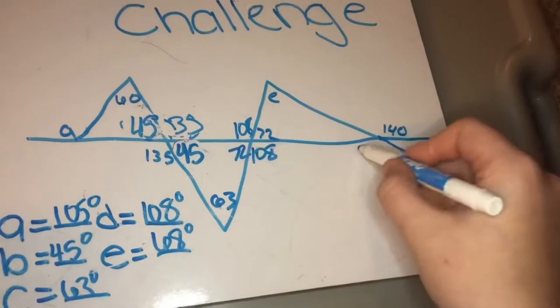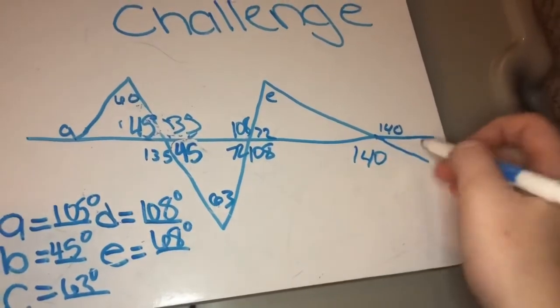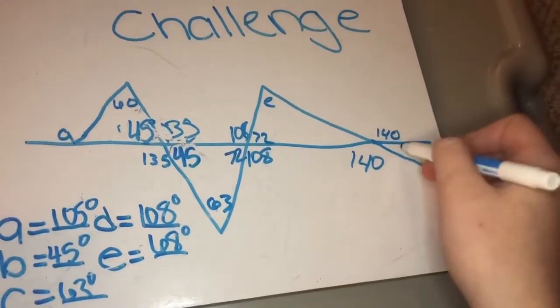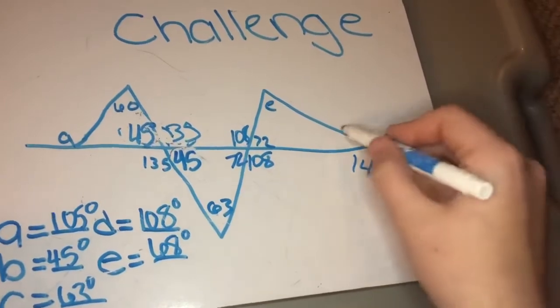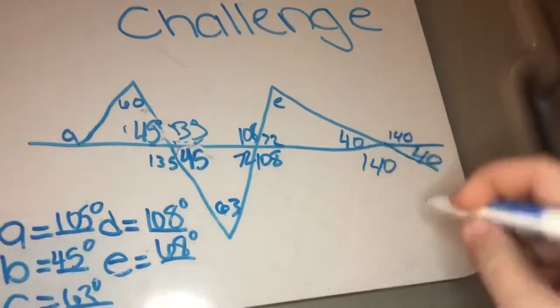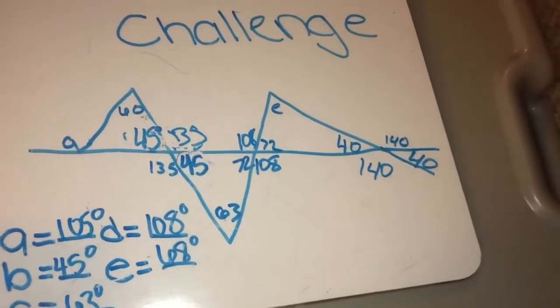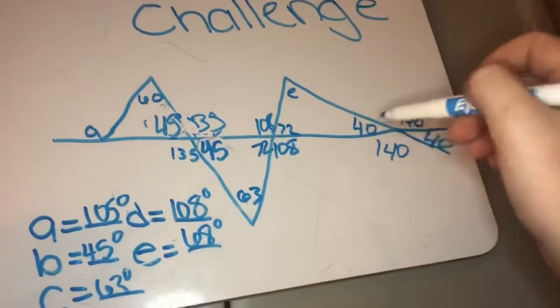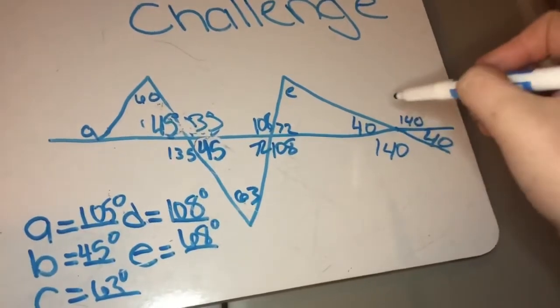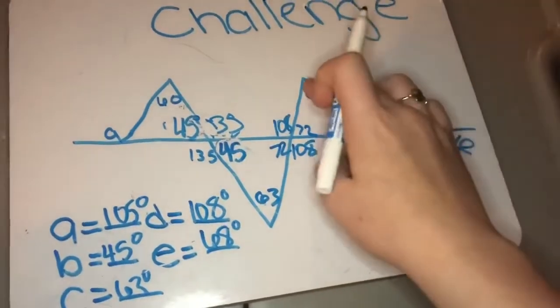And we're going to take the 140 and mirror it over to here. We are going to subtract 140 from 180 to get 40, and then we are going to mirror it. Now, we are going to add these two together to get 112. Now, we're going to take 112 and subtract it from 180 to get 68.